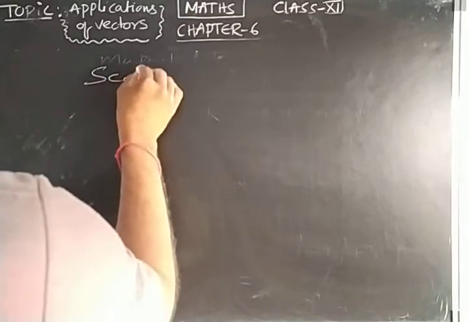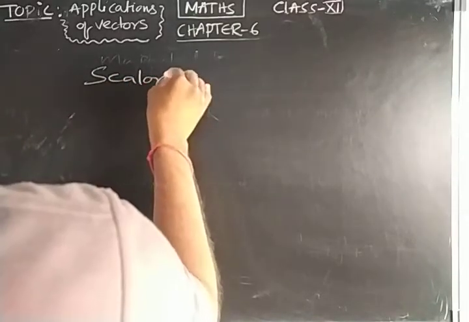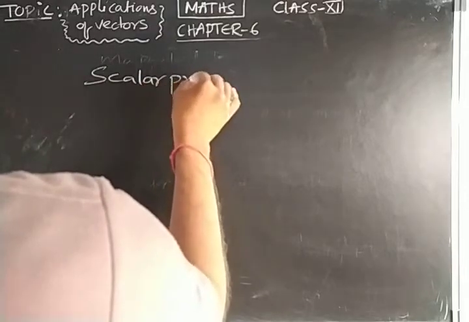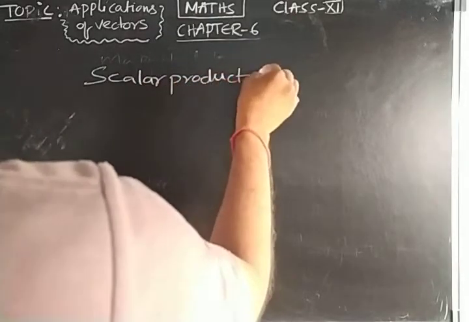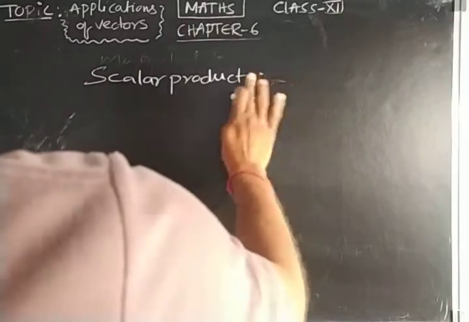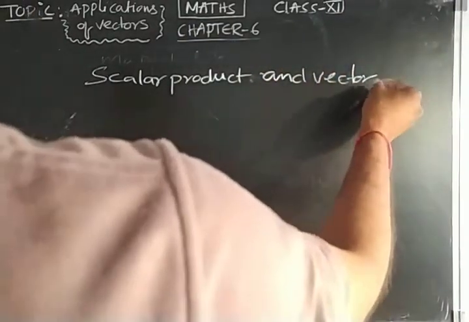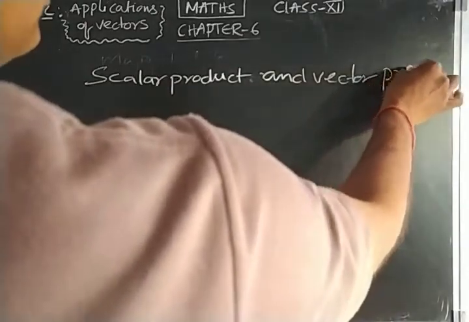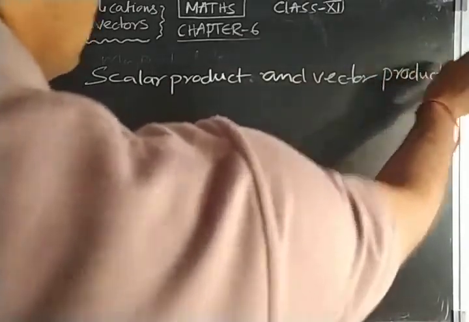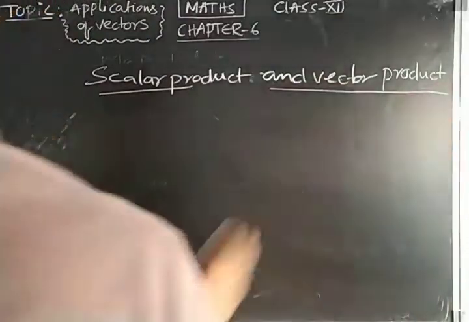They are known as scalar product and vector product. Two products we already studied in the 11th standard: scalar product and vector product.